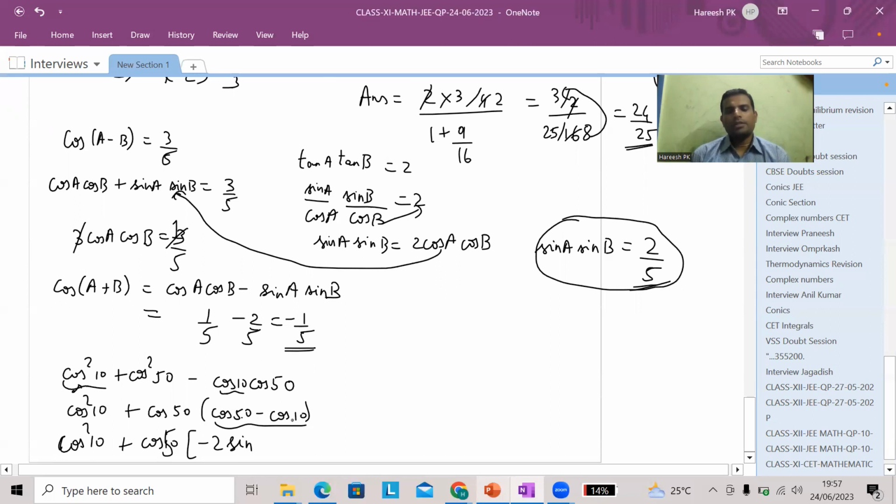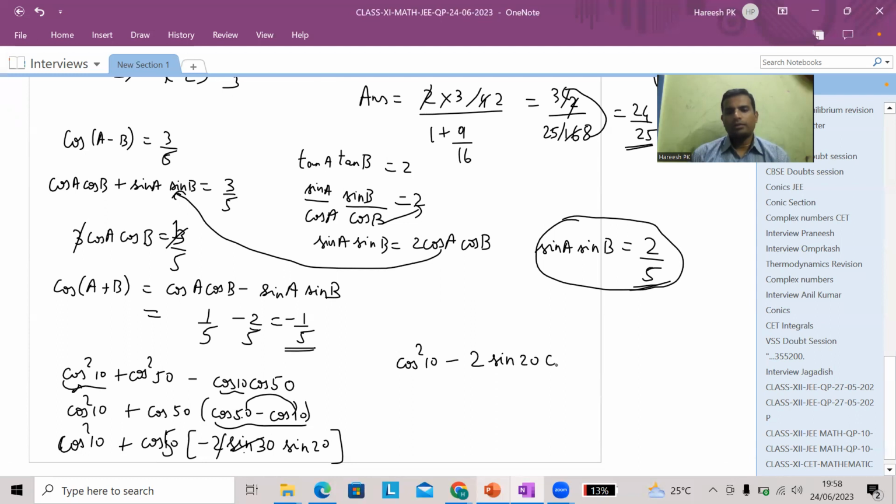Here, 50 plus 10 is 60, by 2, that is 30, and a minus b, 50 minus 10, which is 40, 40 by 2, so that is sine 20. And sine 30 is half, so 2 and sine 30 will get cancelled. So I'll be left with cos square 10 minus 2 sine 20 cos 50.